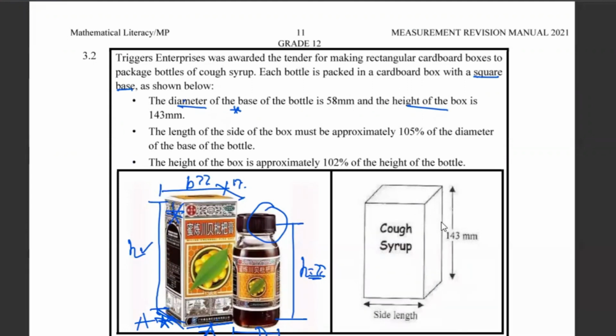But we don't know the length of each side. They have told us the length of the side of the box must be approximately 105% of the diameter. So you already have the diameter of the bottle.